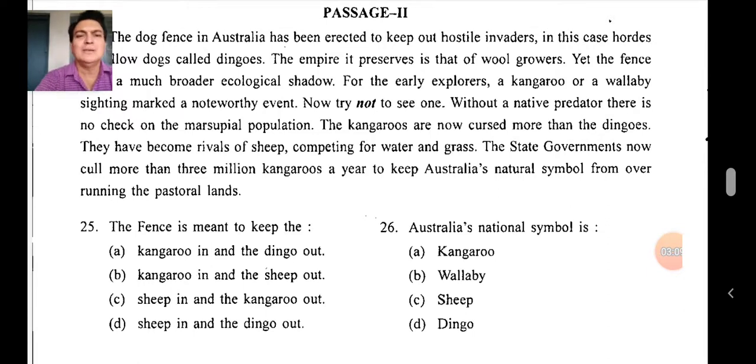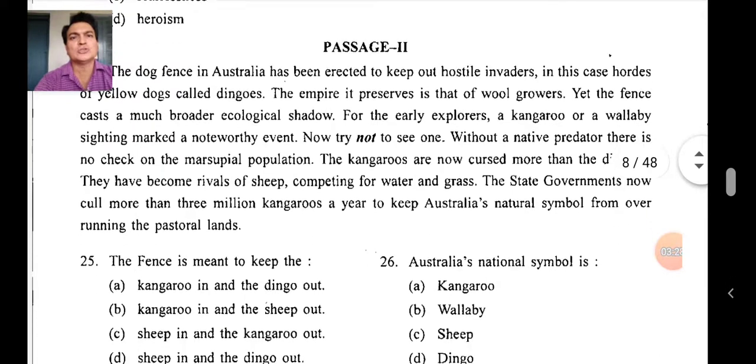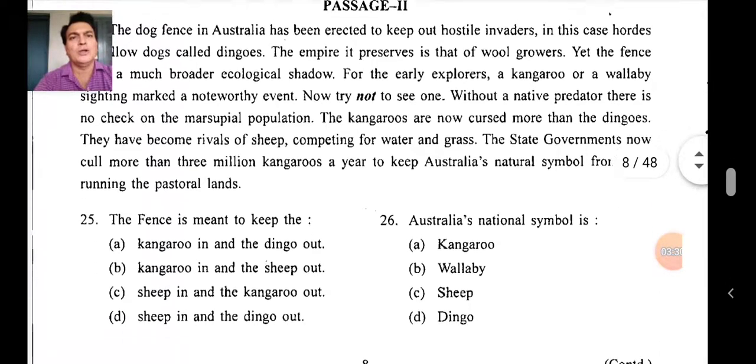And here the answer is, now just try to understand, the dog fence has been erected to keep out hostile invaders. So who are the hostile invaders? Just think over that. In this case, hordes of yellow dogs called dingoes.